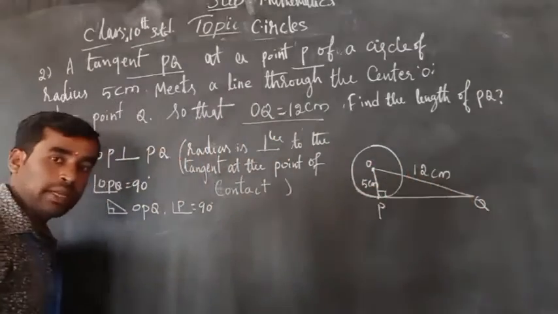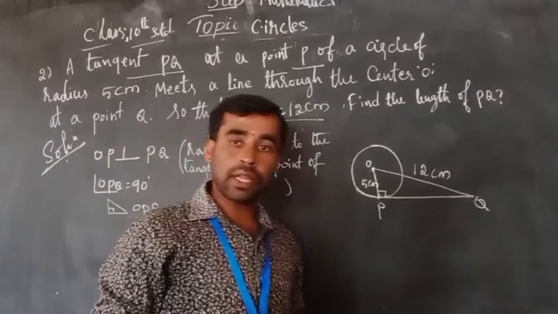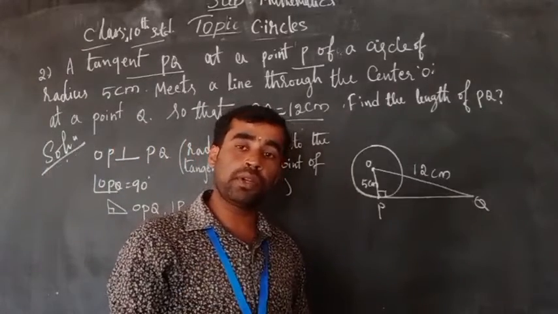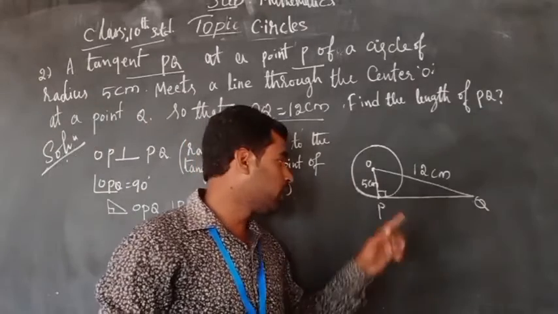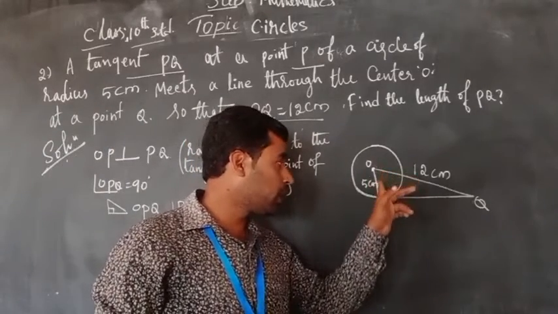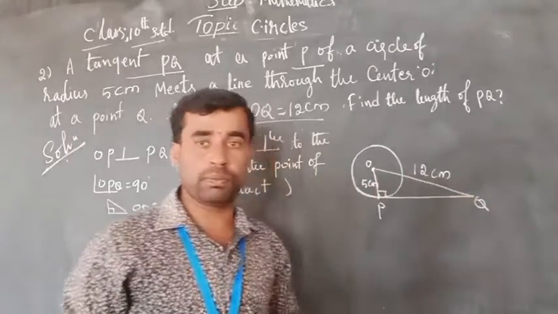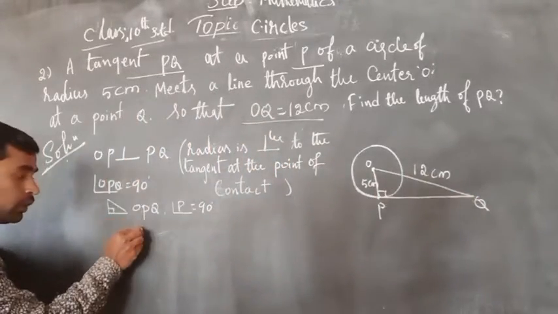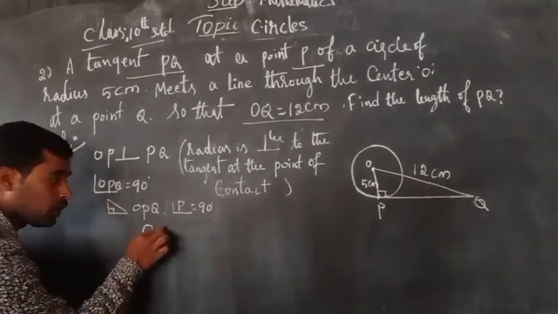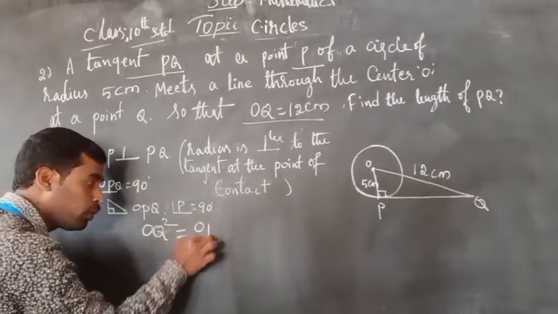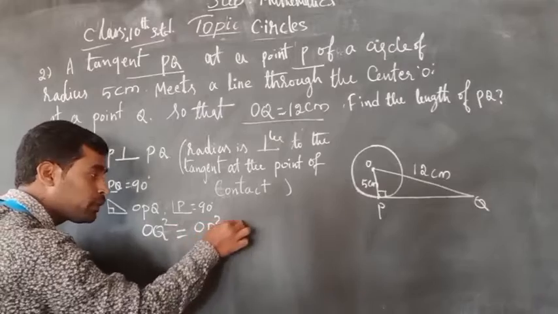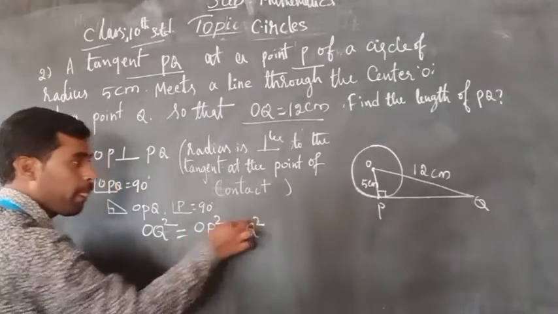Now, we know the Pythagoras theorem. In a right angle triangle, the square of the hypotenuse is equal to the sum of the squares of the other two sides. Here angle P is 90 degrees, and the side opposite is OQ. So we can write the square of the hypotenuse OQ square is equal to OP square plus PQ square.